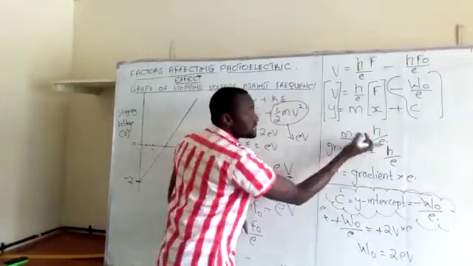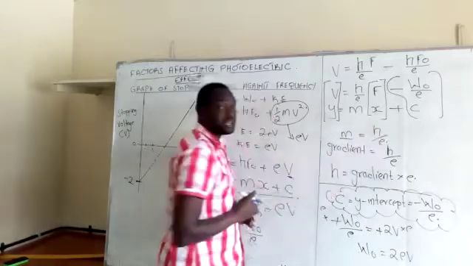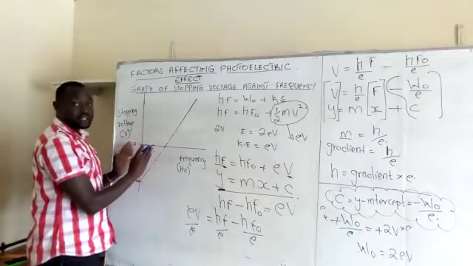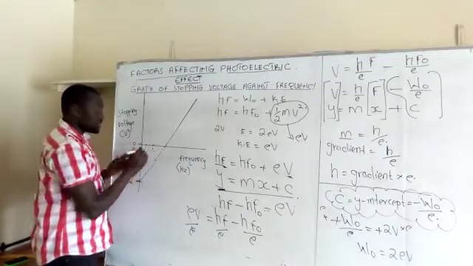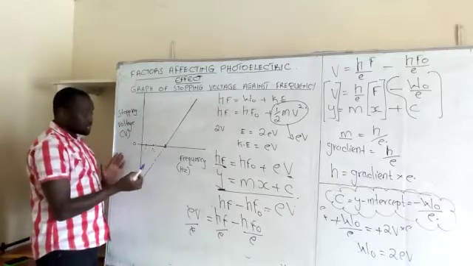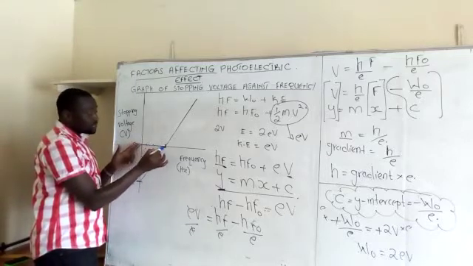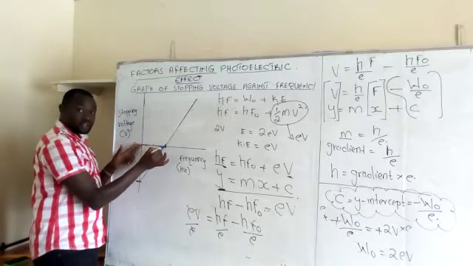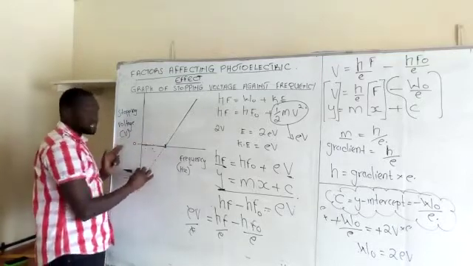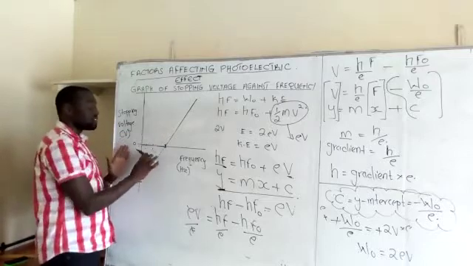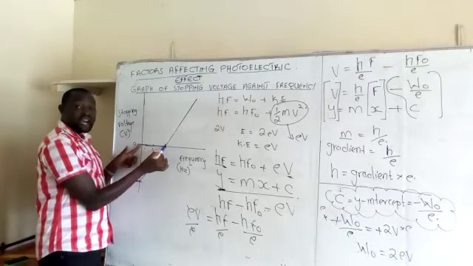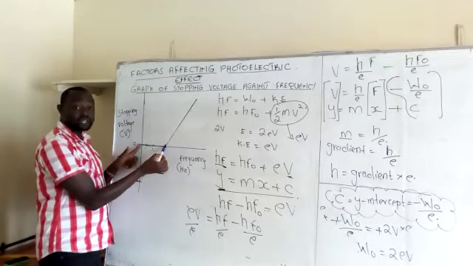Therefore, the y-intercept gives us the negative of the work function over e in eV. The gradient gives us h over e. Looking at this graph, another quantity that we can use is the x-intercept. Please note that for all these frequencies here, the voltage we are using to stop them is negative. That means we don't have any electrons to stop. All these frequencies here are not causing any photoelectric effect.